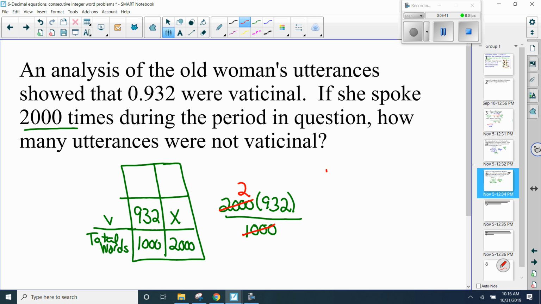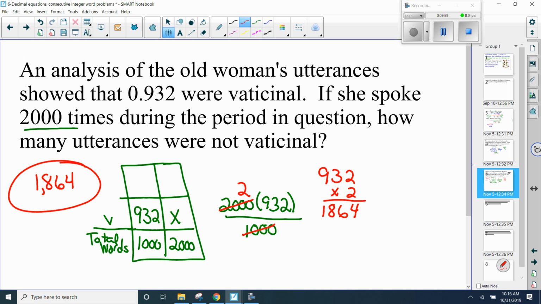So what's 932 times 2? 1,864 were vaticinal. Oh, darn. That's an easy one to calculate. So what did they ask for?